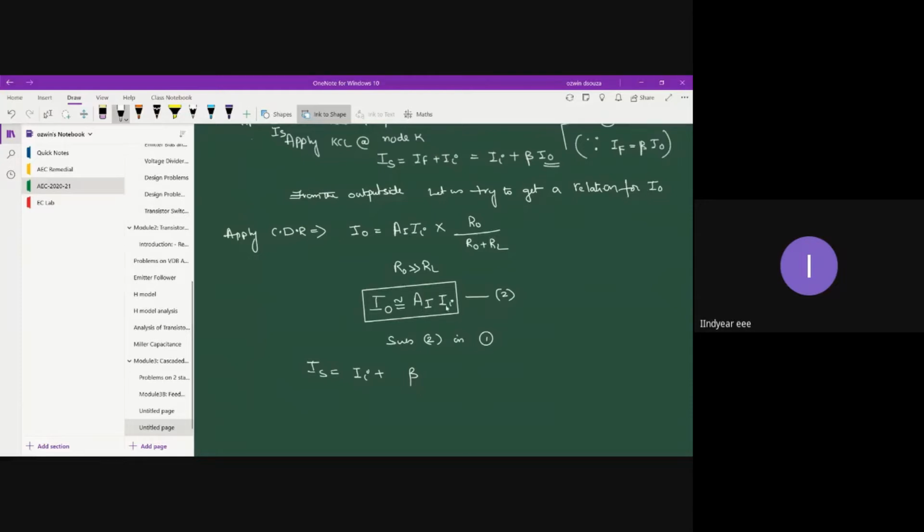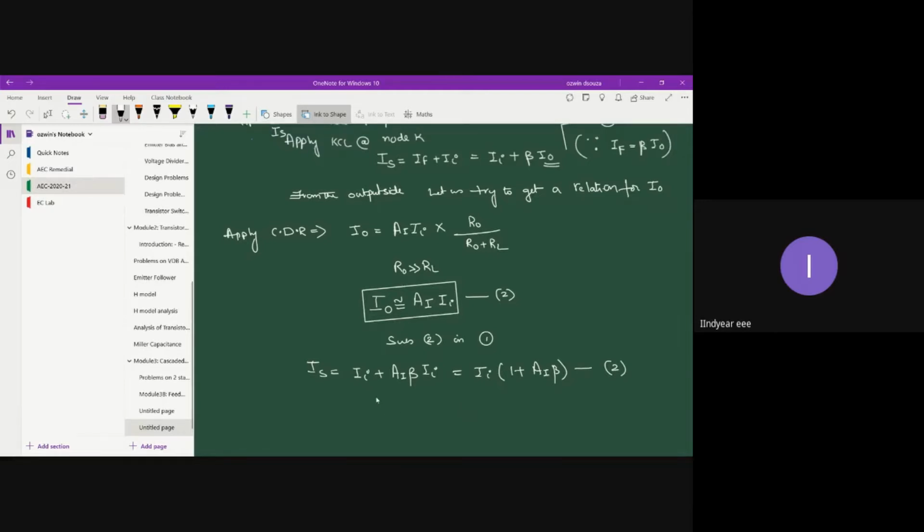So what is I naught? AI into II. So let me write AI into II, and that is equal to II times 1 plus AI into beta. Let's take this as equation 2.